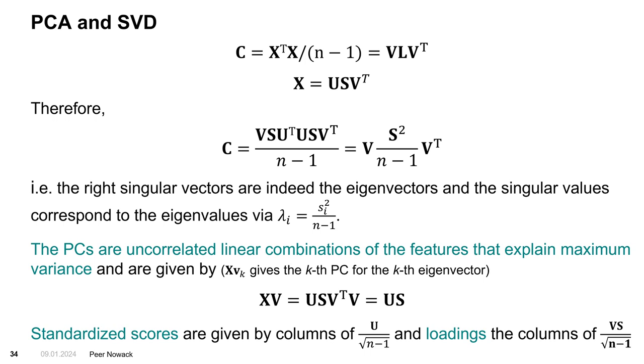Now, in the literature, you will find a lot of loose formulations talking about scores and loadings. So I gave some definitions here. Loadings are usually strictly referred to as the eigenvectors scaled by the singular values here. So it gives you some variance representation, a scaled representation of the eigenvectors.